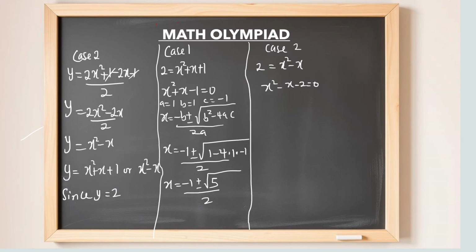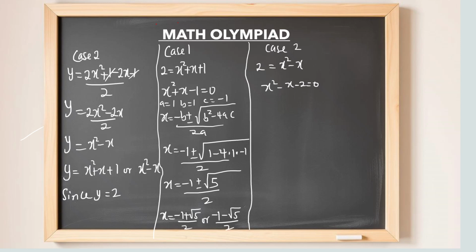So x can be negative 1 plus root 5 over 2, or negative 1 minus root 5 over 2. These are the two possible values for x.